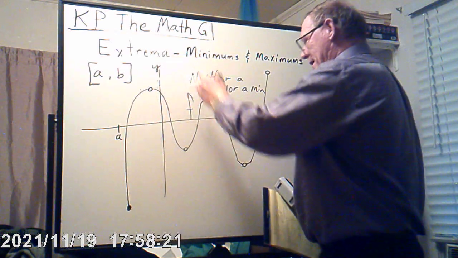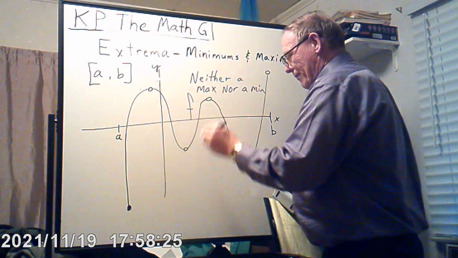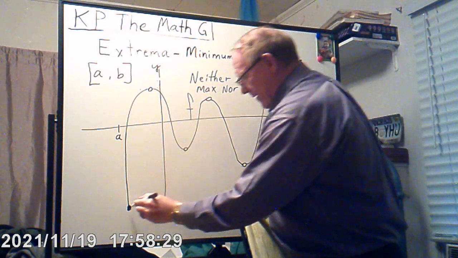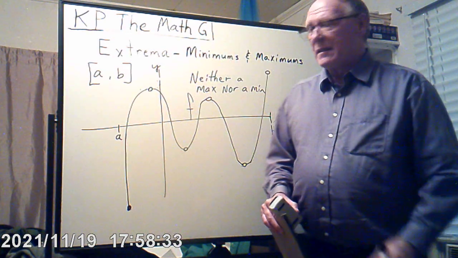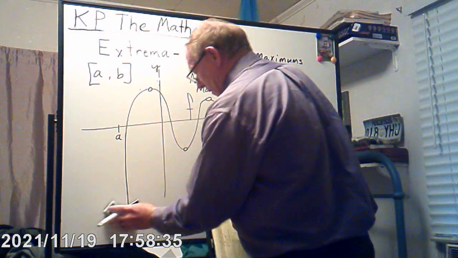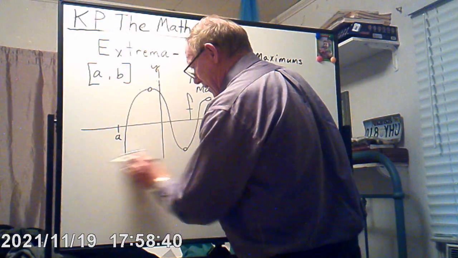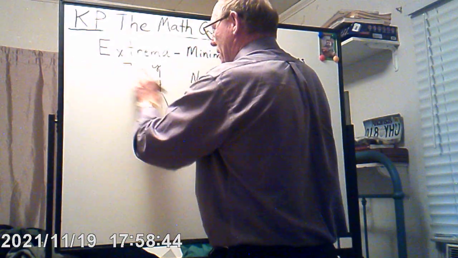But I don't have a max anywhere. I only have an absolute min. Does that make sense, everybody? That's graphically what we're looking at, and that's what we need to get established from the start.